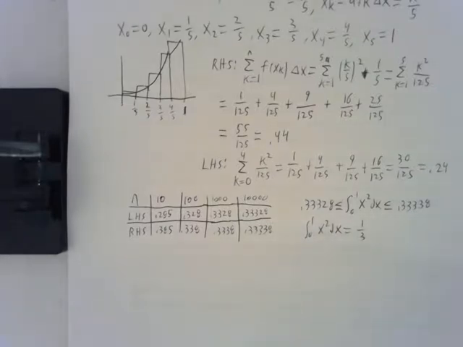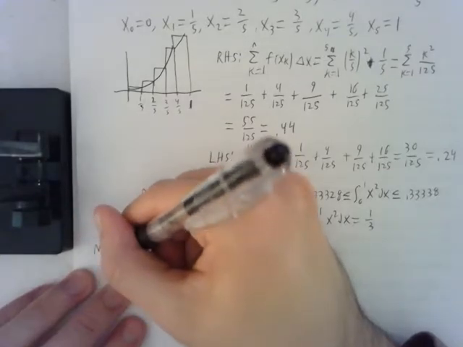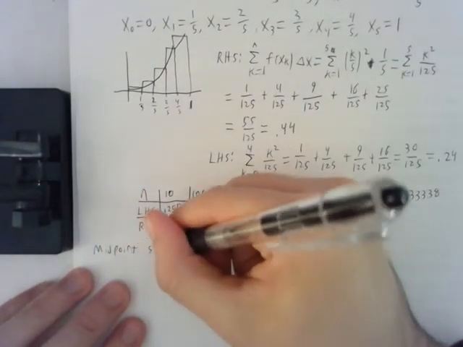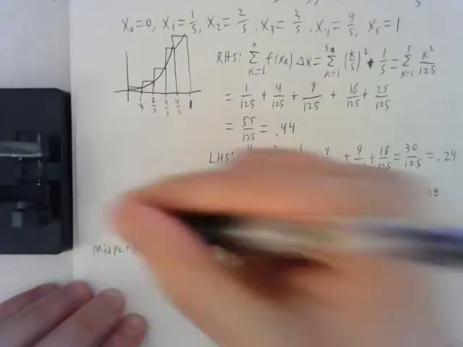Okay, but we can do better than this, actually. So we can use the midpoint sum instead. So let's discuss how that works. The idea is the following.